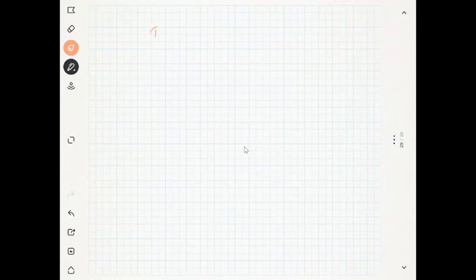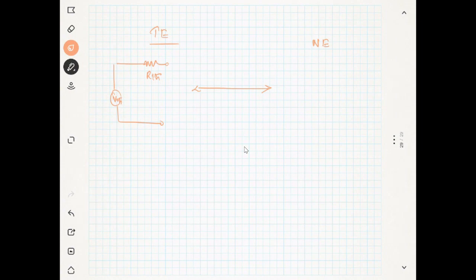The Thevenin equivalent you will usually represent like this: V Thevenin, and there is a resistance, R Thevenin. The Norton equivalent has a current source, and the amplitude of this current source is I Thevenin, which is nothing but V Thevenin by R Thevenin.